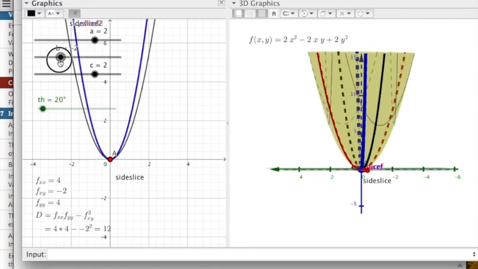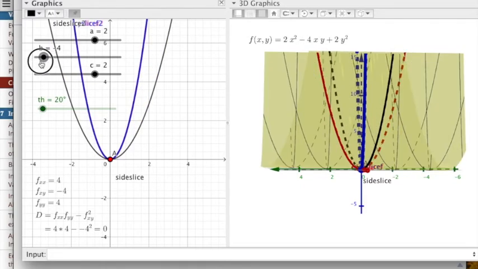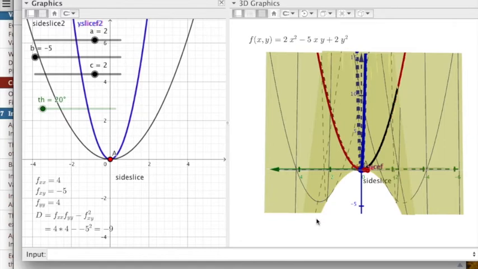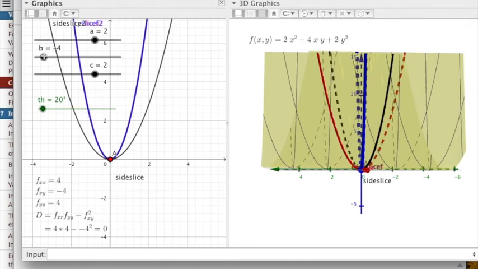If the discriminant turns out to be negative, we know we have a saddle point. If the discriminant is 0, we don't know what's going on. So this lets us test whether critical points are maximums, minimums, or saddle points.